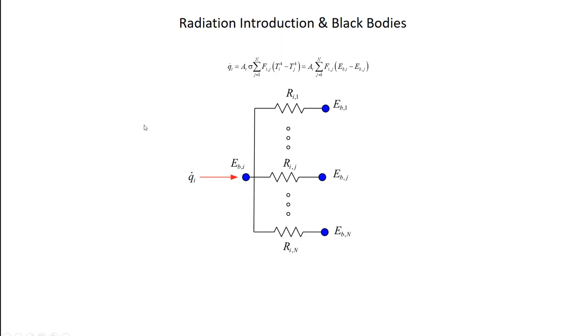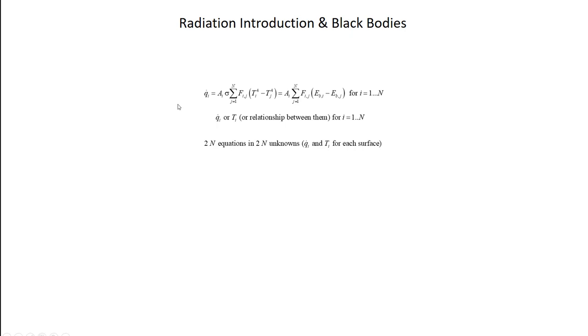So in terms of the equations that I have to solve an N surface problem, there's got to be a whole set of equations. The first one is this equation we just derived, right? This is the net rate of heat transfer to surface I, which is the sum of the heat transfer from I to all of the other ones.